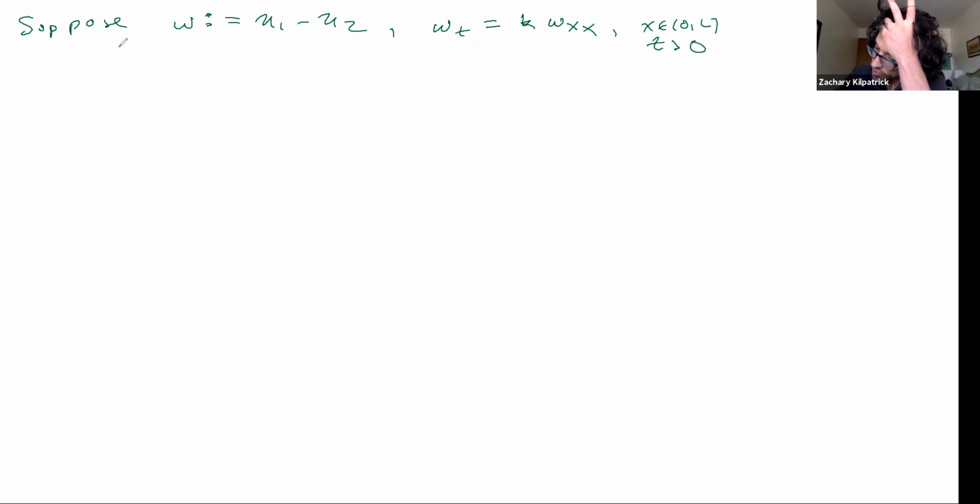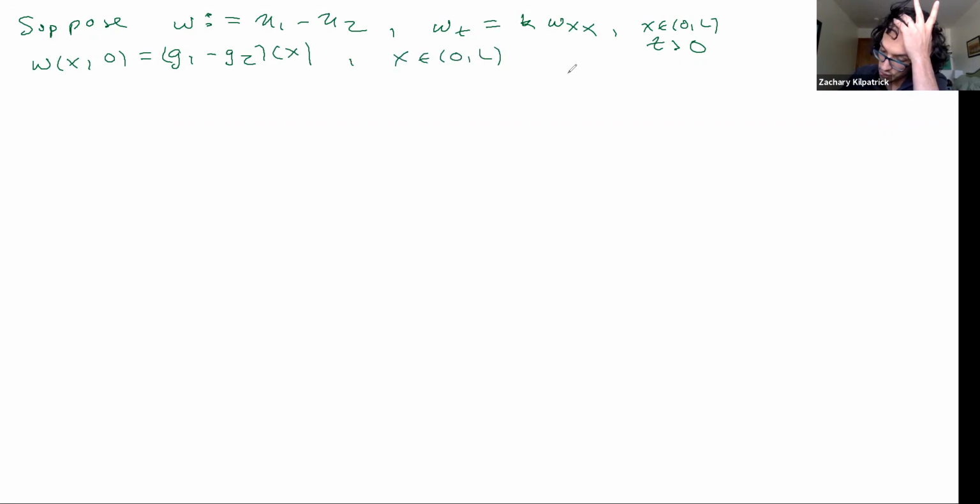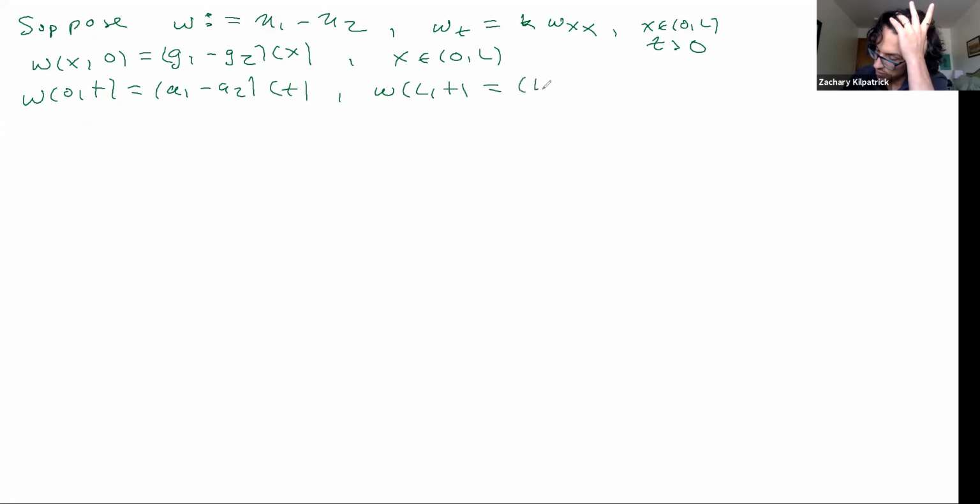Secondly, w(x,0) should equal g1(x) minus g2(x), for x in (0, L), and this should be continuous. w(0,t) should be the difference between the leftward boundary conditions, and w(L,t) should be the difference between the rightward boundary conditions.